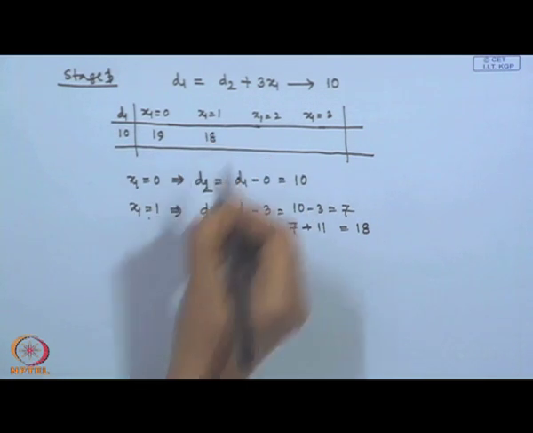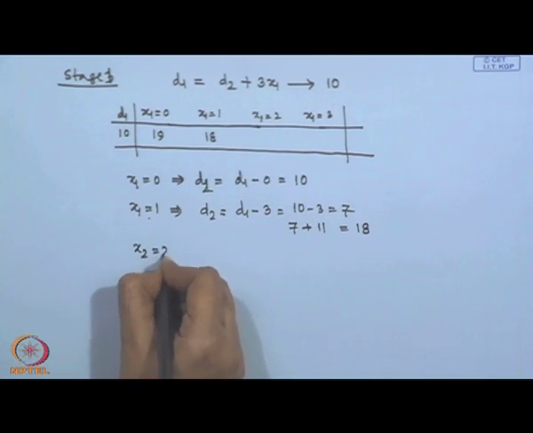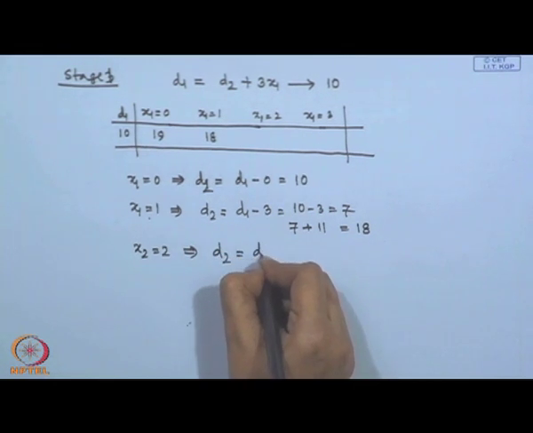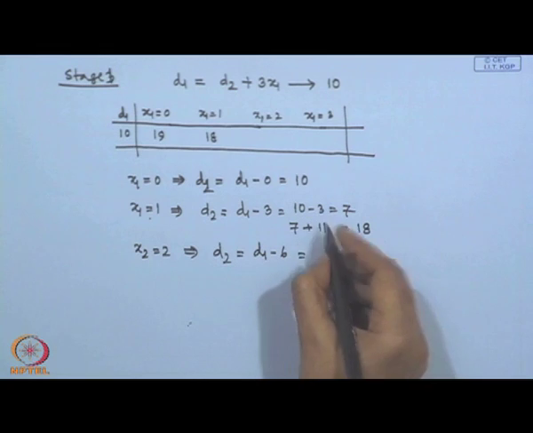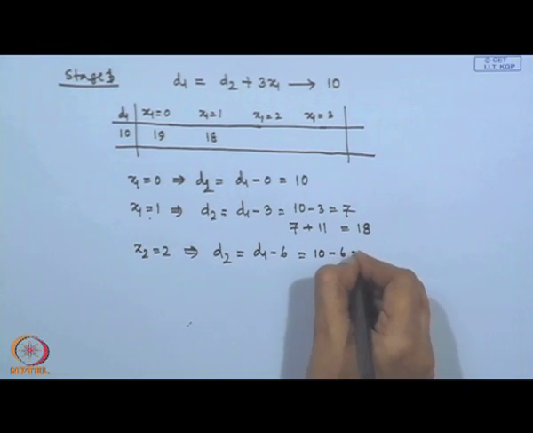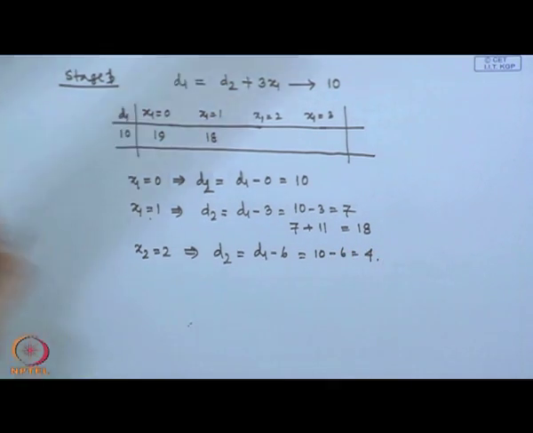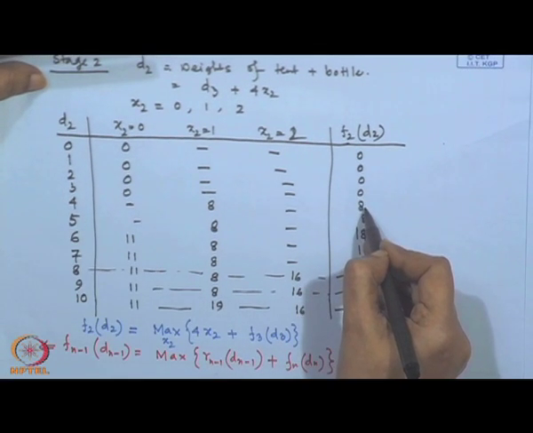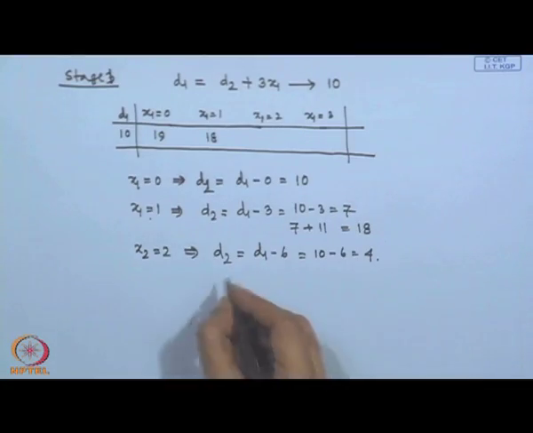Thus, this is 18. Let us consider x1 equal to 2, which means D2 is equal to D1 minus 6, that means 10 minus 6, that is equal to 4. Go back to the previous table. For 4, the corresponding optimal utility value is 8.